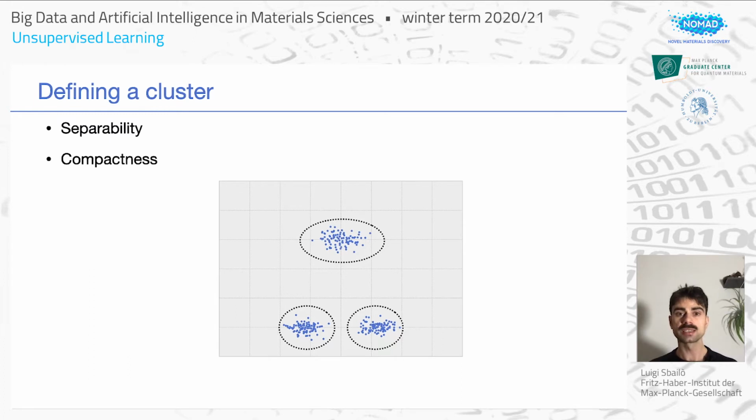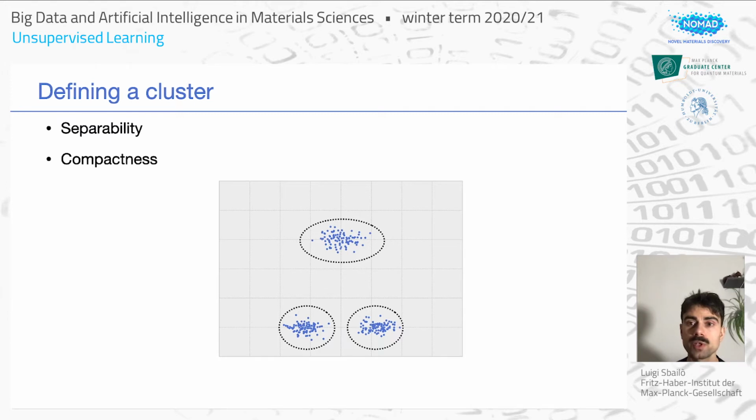What we want is that objects within a cluster would be all very similar and all quite different from objects from other clusters. And in this case, I would say this works quite well. Clusters are separable and compact.